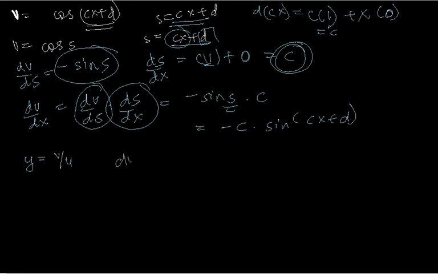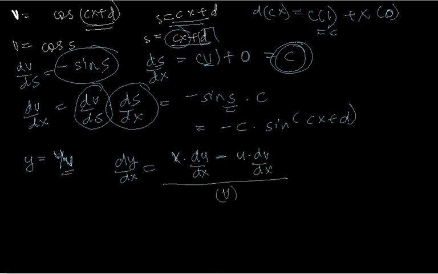So if we need to find out dy by dx, we need to apply the quotient rule. So this is denominator as it is into the derivative of numerator minus numerator as it is into derivative of denominator, upon denominator square.